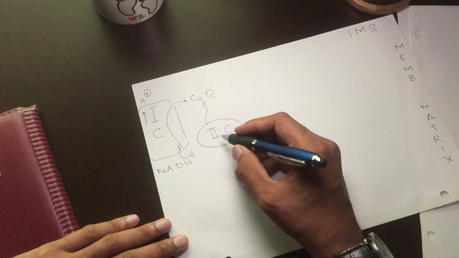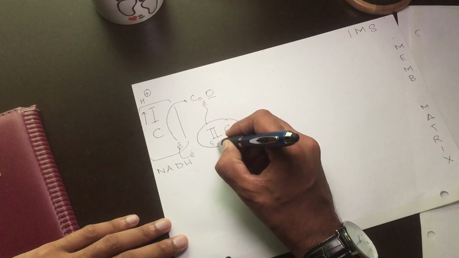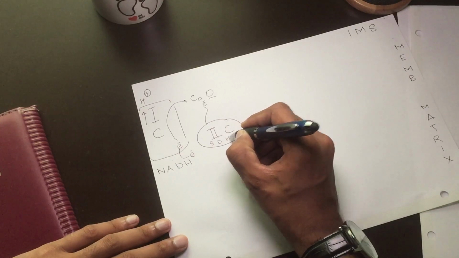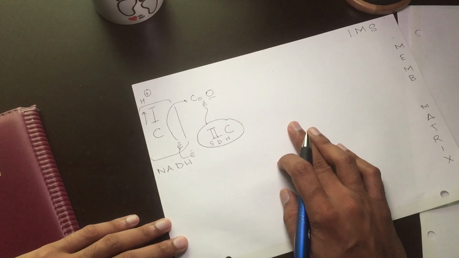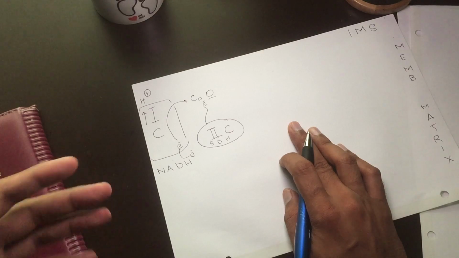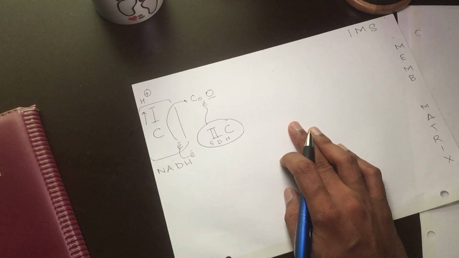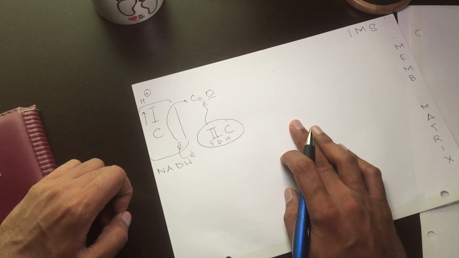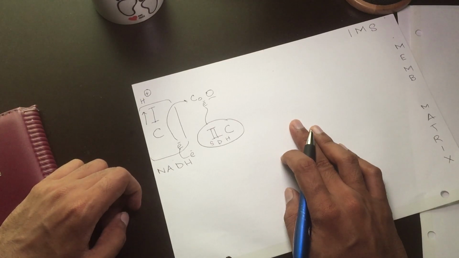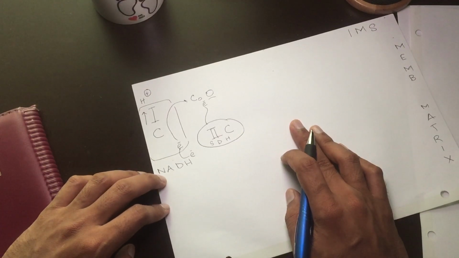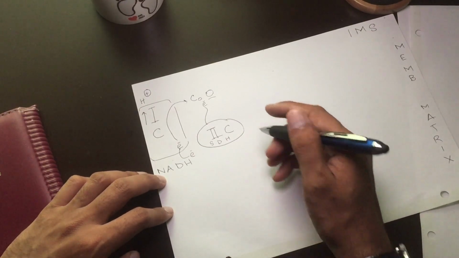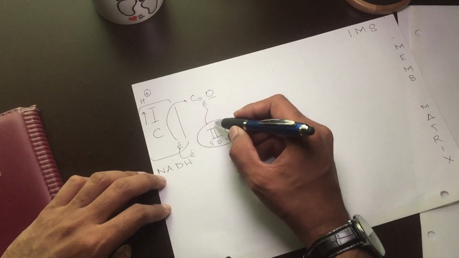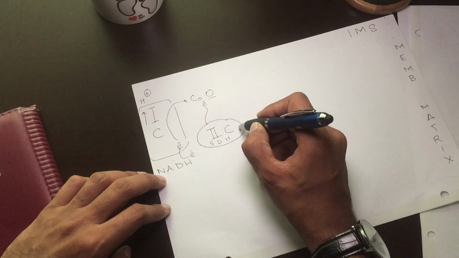This complex 2 is also known as the succinate dehydrogenase enzyme, which is used in the TCA cycle to convert succinate, in succinate dehydrogenation. So complex 2 now carries that electron.